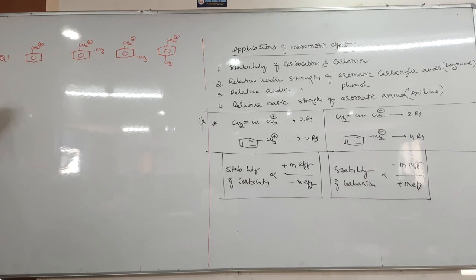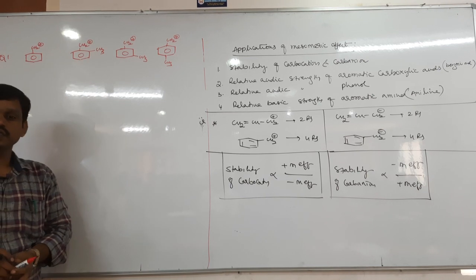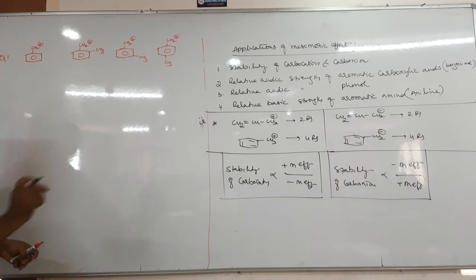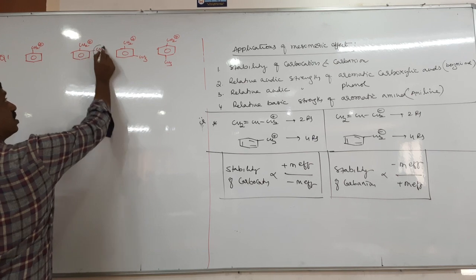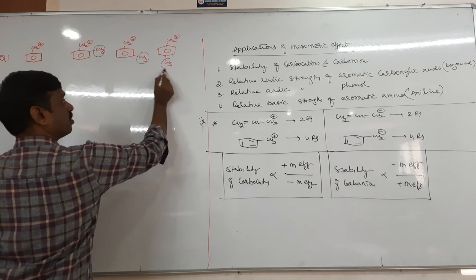So tell me, what is the order of stability? All are benzylic carbocation, right? Then what is the difference? Yes, there is a methyl group, and the position of the methyl group.